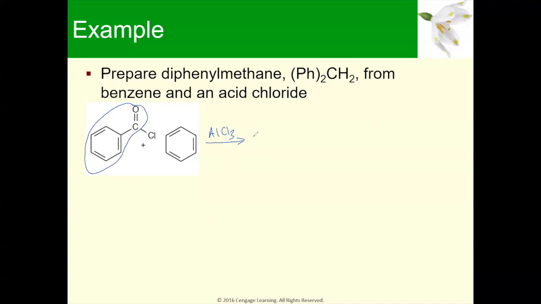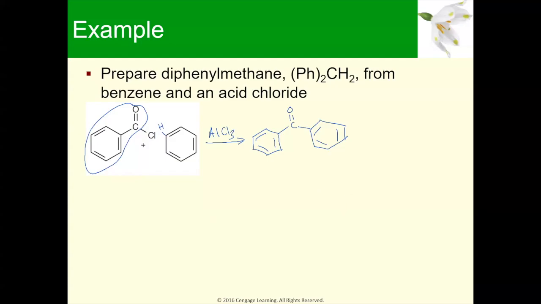So the intermediate product is going to be a benzene ring, then the carbonyl, so C double bond O, which is just going to be attached to the other benzene ring. So we just did a substitution, where this hydrogen gets substituted with that acyl group.